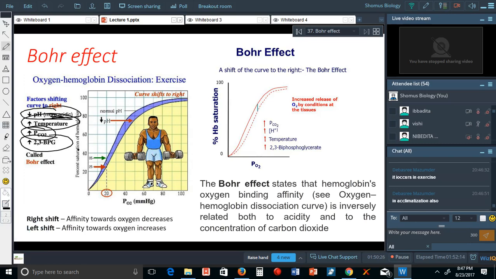The Bohr effect states that the hemoglobin's oxygen binding affinity is inversely related to both the acidity and the concentration of carbon dioxide.